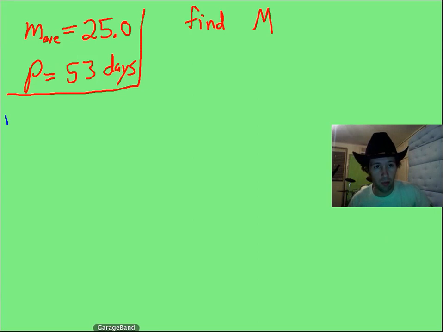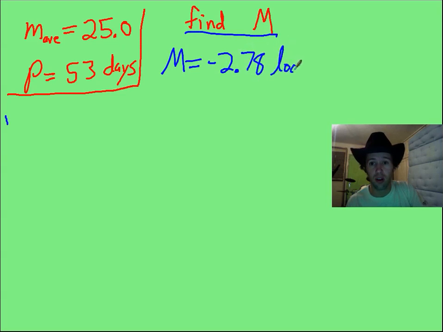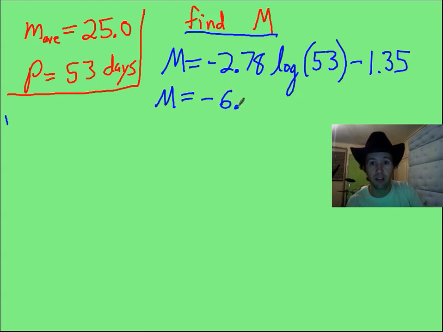You don't need it anymore, but hold on to that information, and you're going to use it to find absolute magnitude, because you now can use the equation that we wrote down before that says 2.78 times the log of that period. You plug in your 53 days and minus the 1.35. Plug that into your handy calculator and it'll spit out negative 6.1 as your absolute magnitude, which is quite bright.